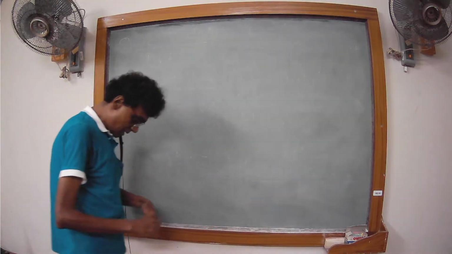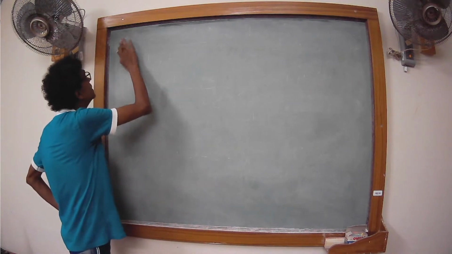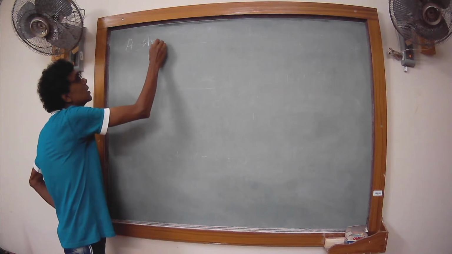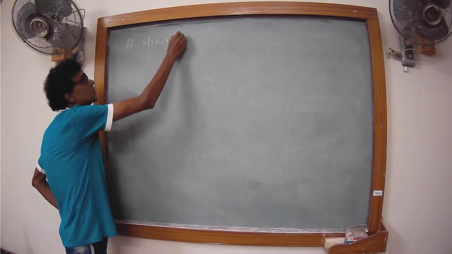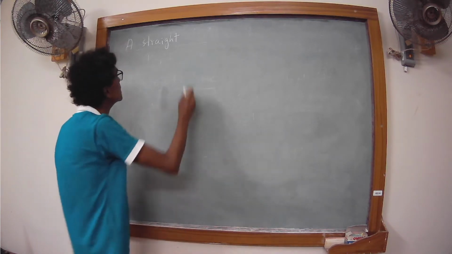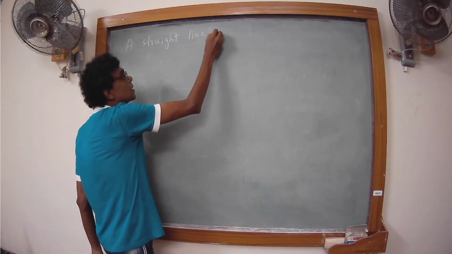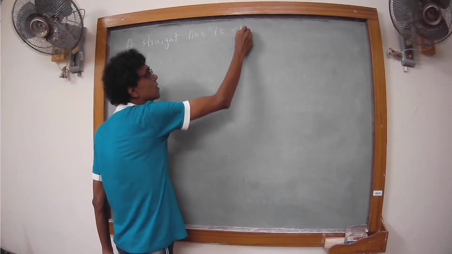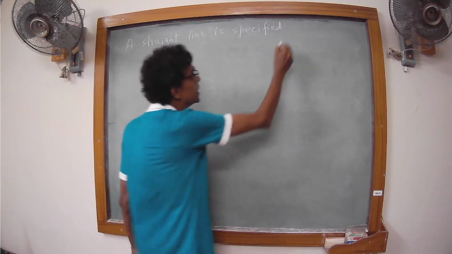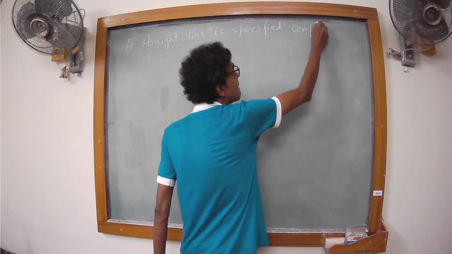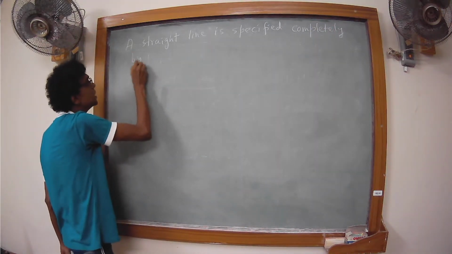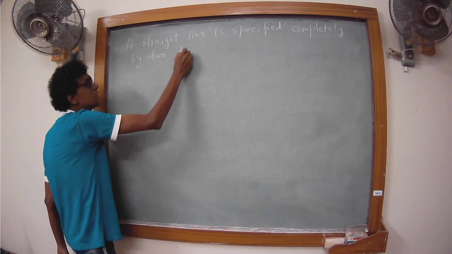So, what is that? If I do not say anything about the straightness of the line, that line means straight line, not a curved line. So, a straight line is specified completely by two distinct points on it.